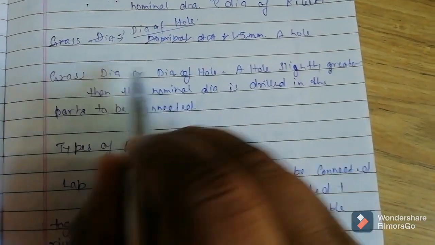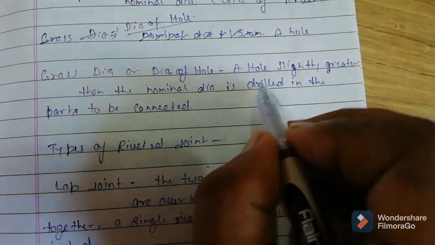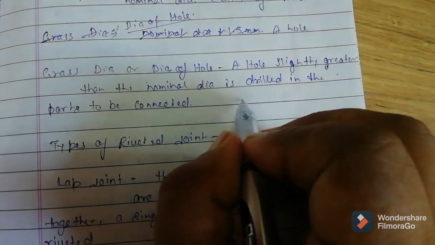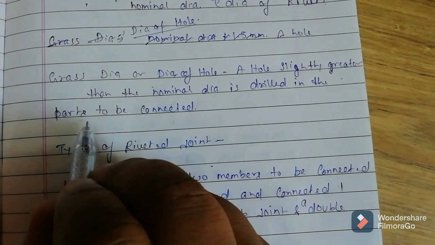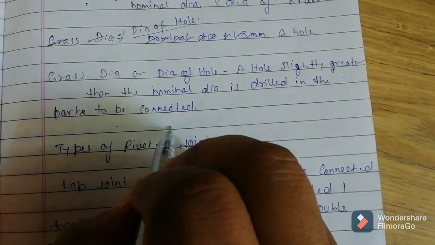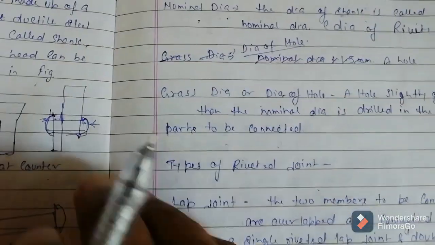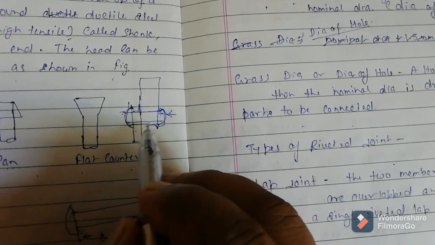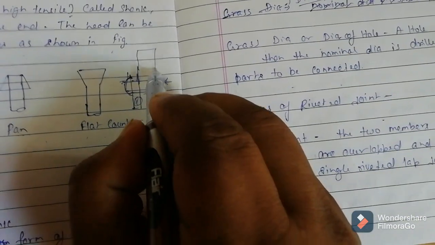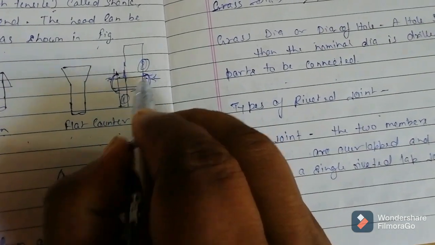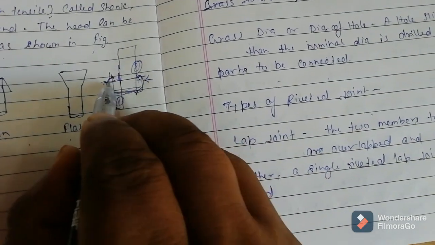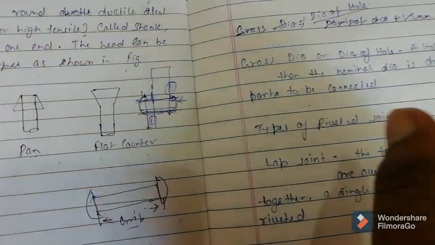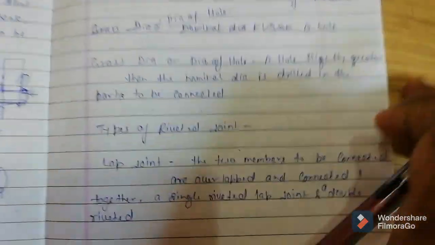So you can say gross dia or dia of hole. A hole slightly greater than the nominal dia is drilled in the parts to be connected. Suppose we are going to connect these two members, this is the first member and this is the second member. We drill a hole that should be a little bit greater than the dia of the rivet. That's called the gross dia of the rivet.